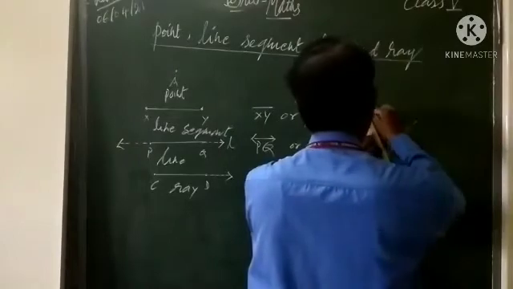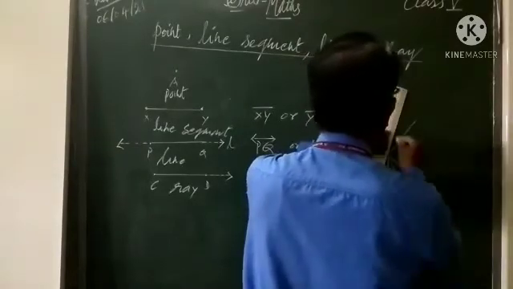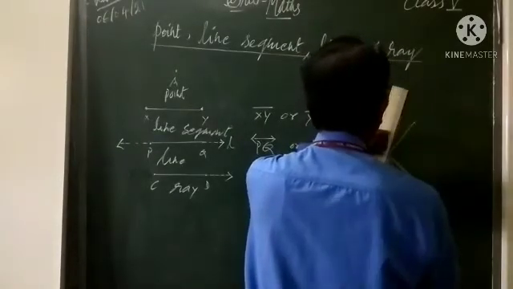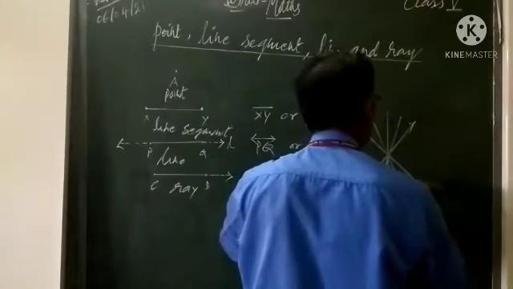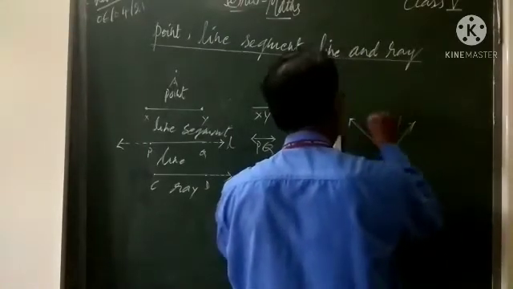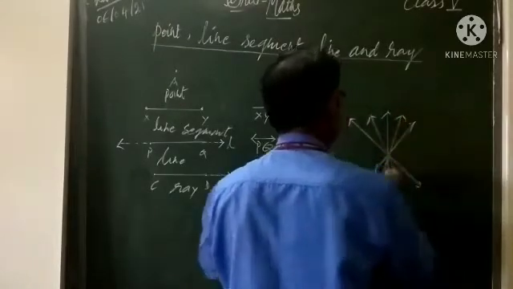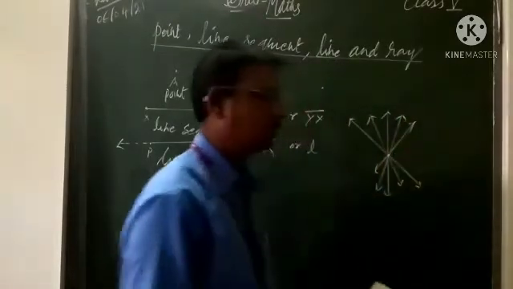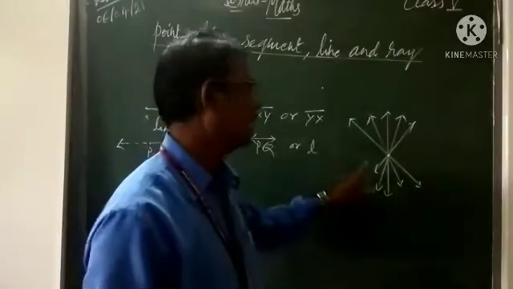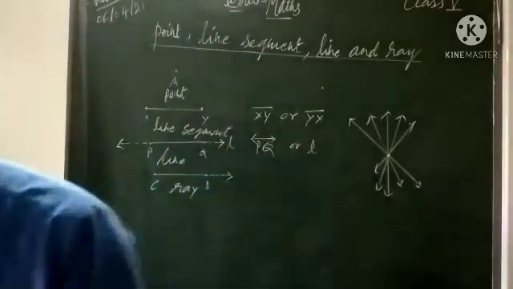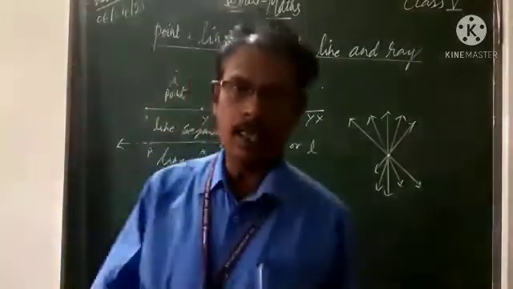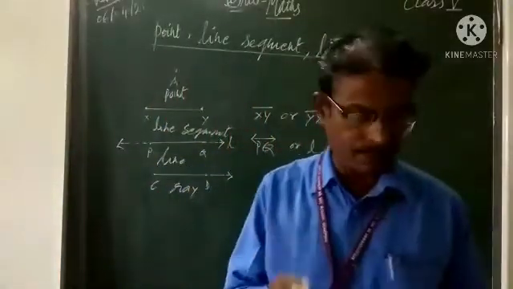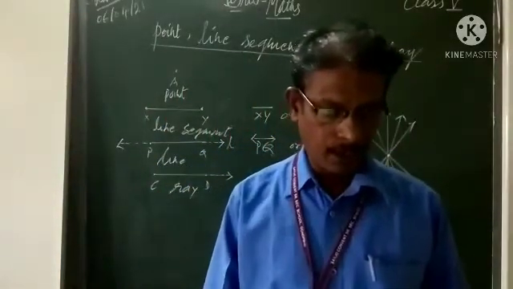Many lines can be drawn like this. So from a single given point we can draw infinitely many lines. But if two points are given, then only one line can be drawn. That also you have to keep in mind.